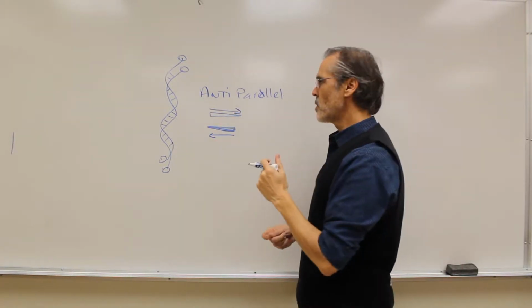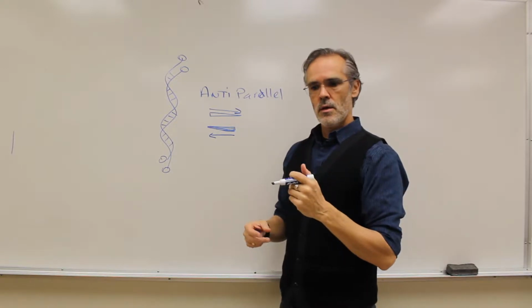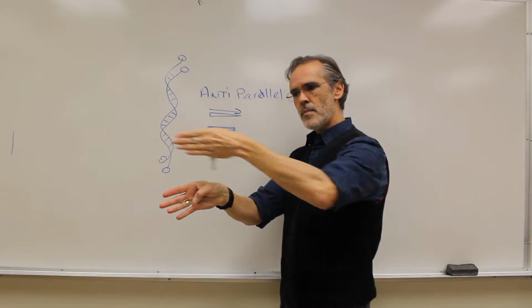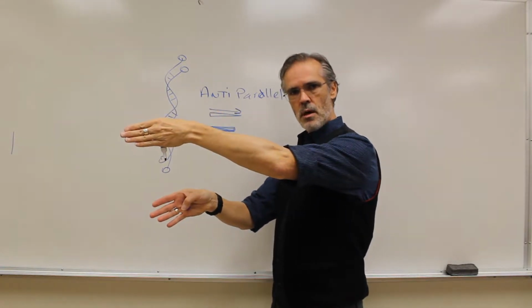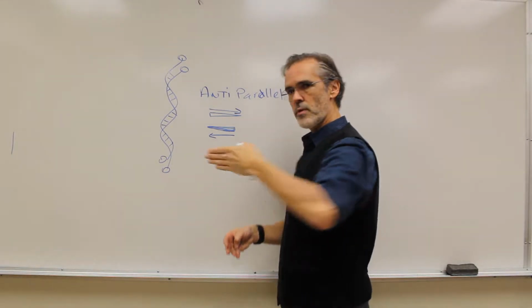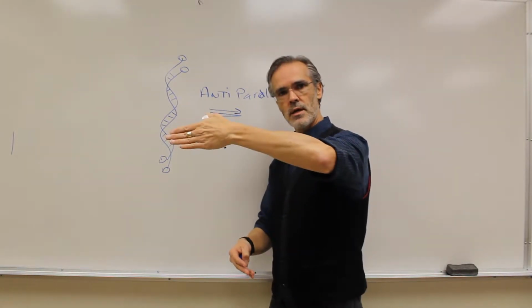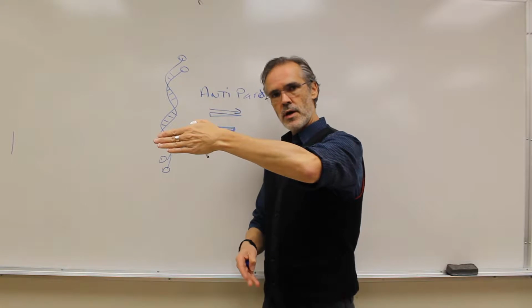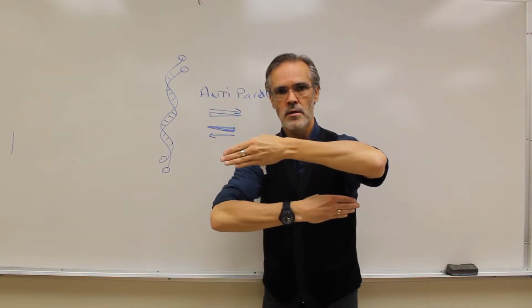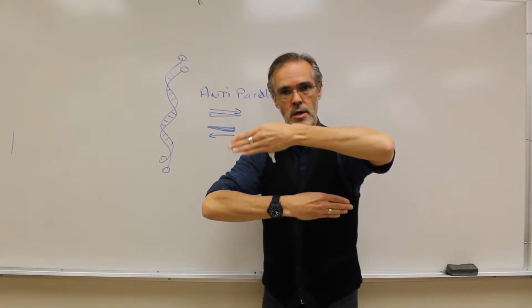So basically, we have those two strands, but there's a direction to all the molecules, the way they are organized. The top strand is organized in one direction like this, and then the bottom strand, all the molecules are not organized like that. They are organized like this. This is what we call anti-parallel.